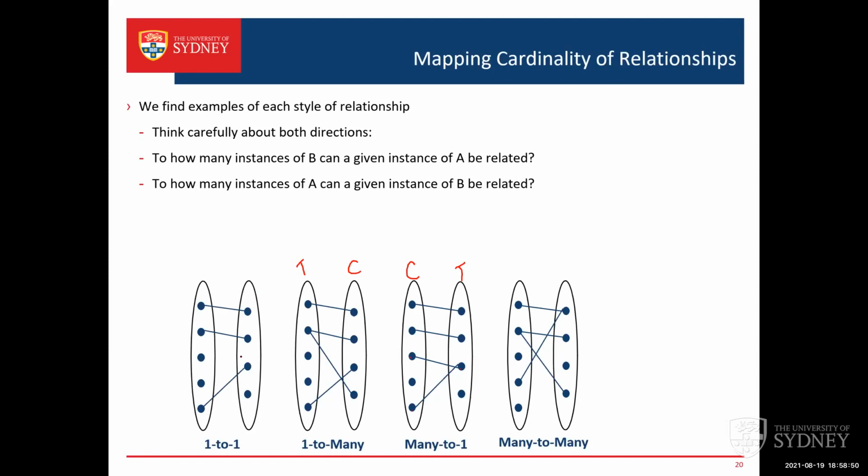Last one is one-to-one. That should be pretty easy. Any example for one-to-one? Husband, wife, student ID. Again, student ID is an attribute, not a table.